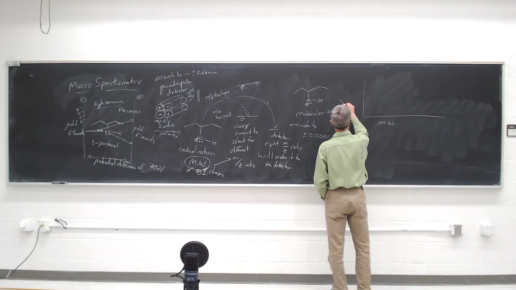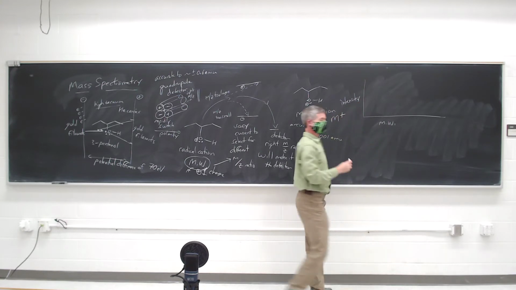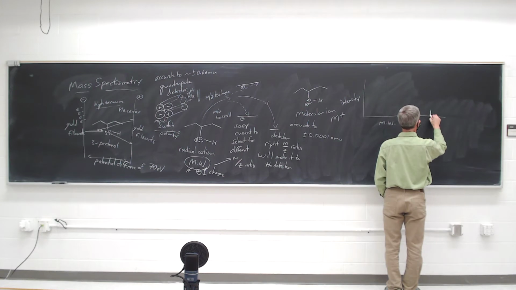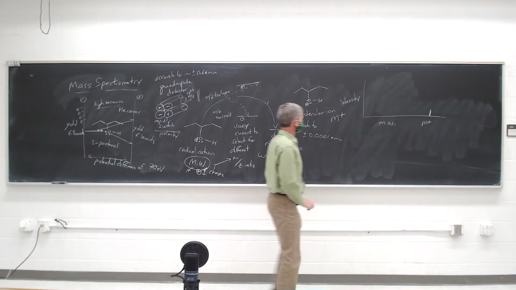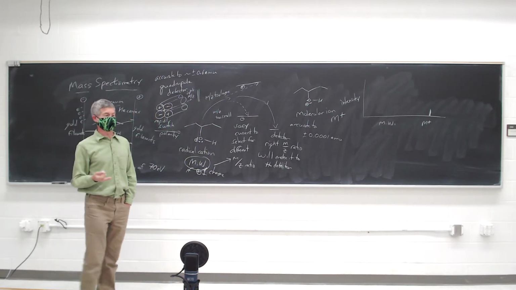So what we're going to do is get a spectrum of intensity versus molecular weight, and up here, we're going to see our molecular ion. So what will the mass of that molecular ion be, assuming it's charged plus 1?